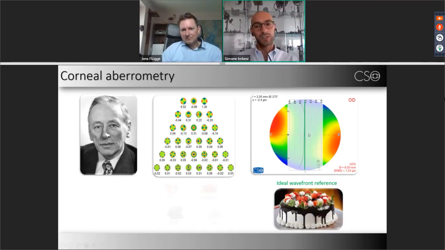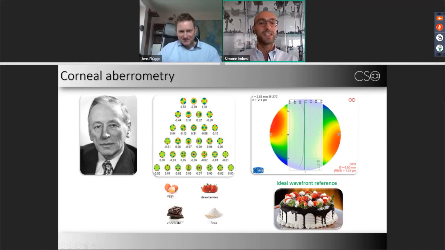Try to imagine the optical path difference map as a cake, okay? And the Zernike polynomial pyramid as the ingredients of the cake. So what is the utility of Zernike fitting? The utility of Zernike fitting is to understand which are the components of this cake.